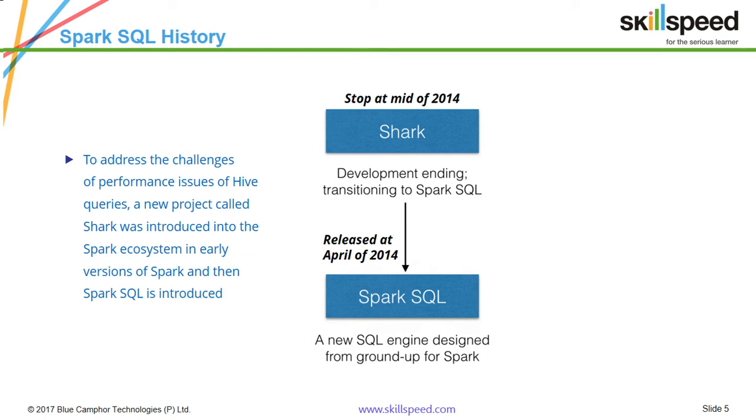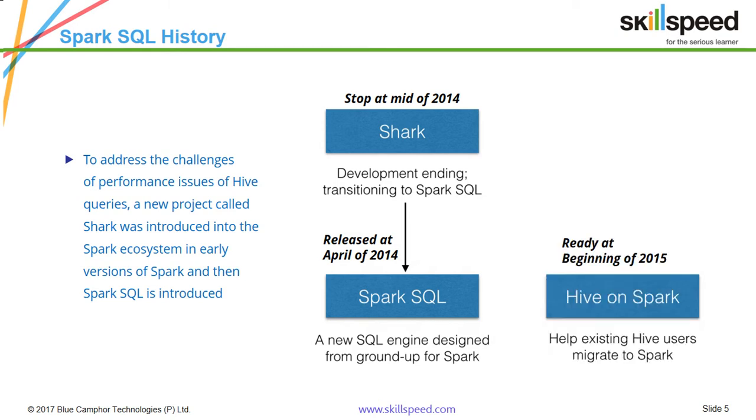It provides you an option to write SQL on top of data, and it is blazingly fast. And by around 2015, we had Hive on Spark, which means the Spark SQL was able to communicate with any existing Hive distribution, so that people who were already familiar with Hive were easily able to migrate to Spark SQL, right?